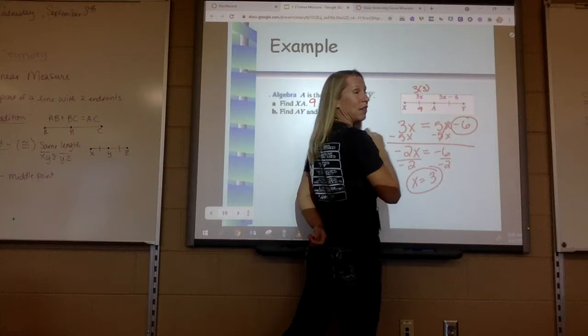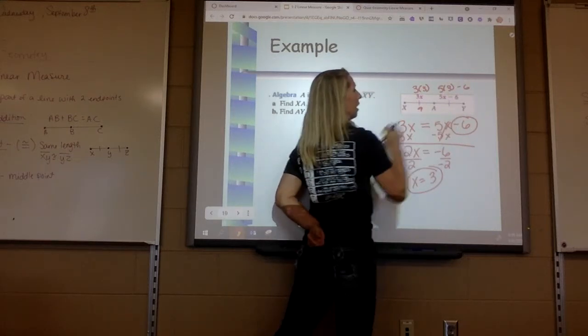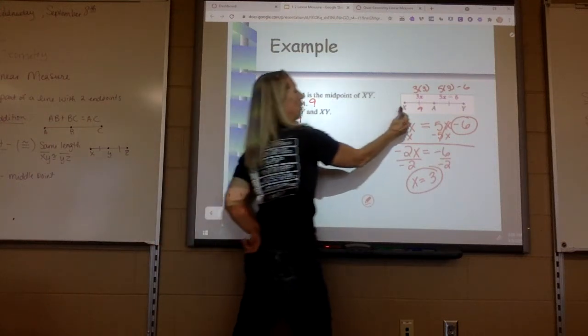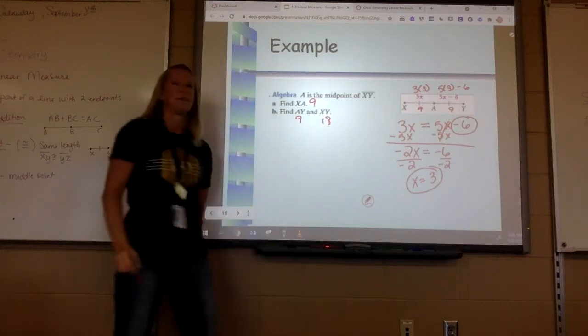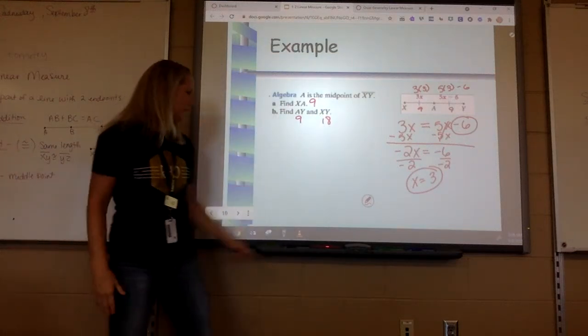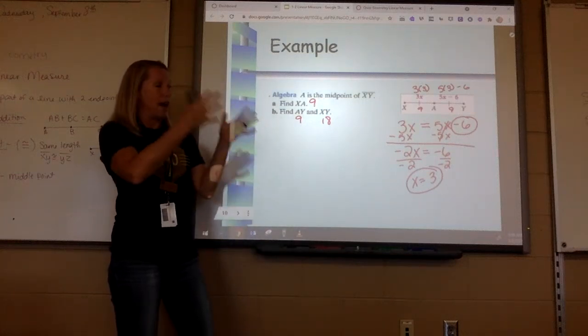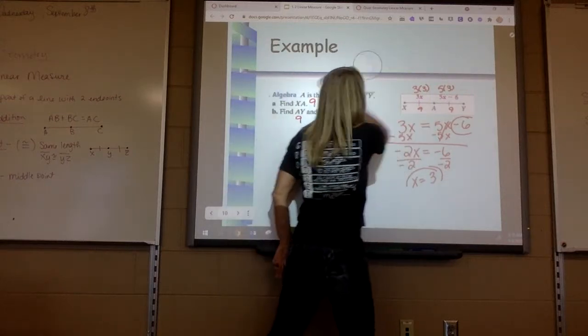Because those equal each other. So 5 times 3 minus 6. 15 minus 6? 9. Okay, good. And then what's the whole thing if each of those are 9? 18. 18 again. So you'll have some where you add and put it equal to the whole thing. You'll have some where you put equal to each other.